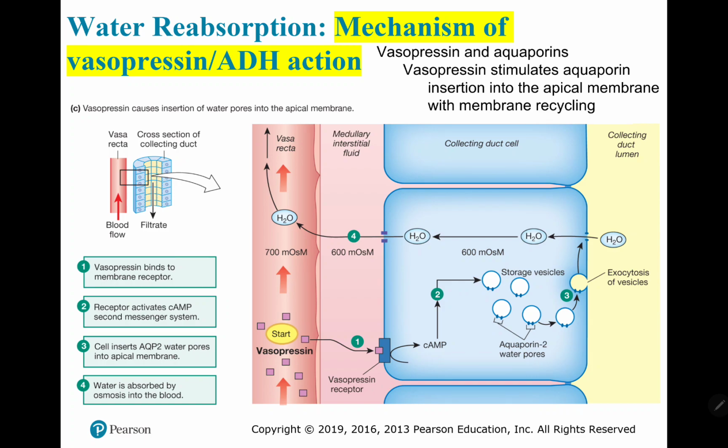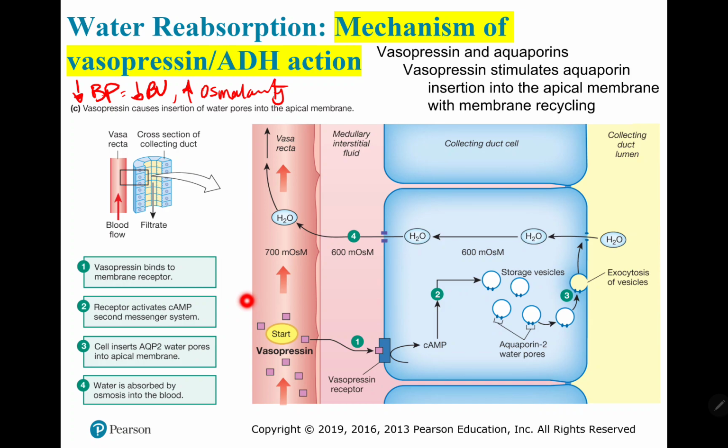And it's going to be released when there is a drop in blood pressure, or a drop in blood volume, or there is high osmolarity. Too much solutes in the body, essentially.